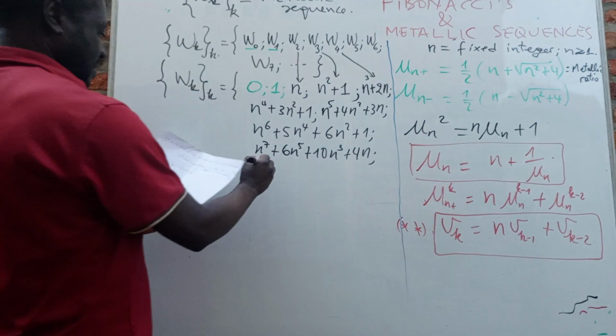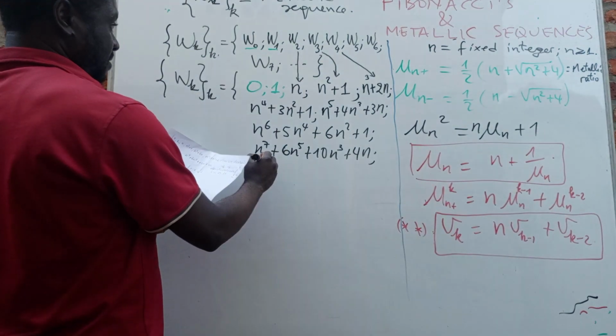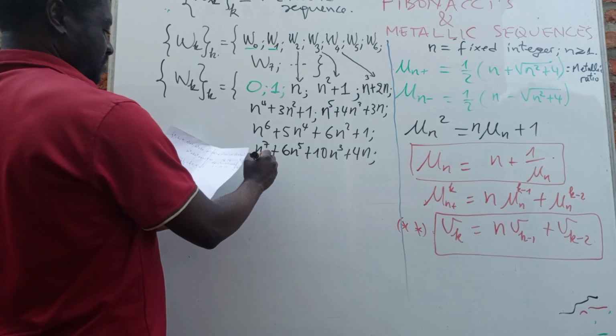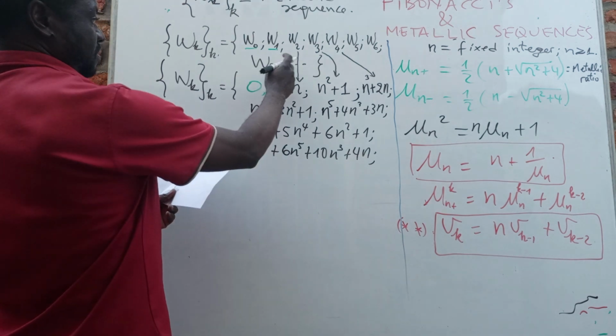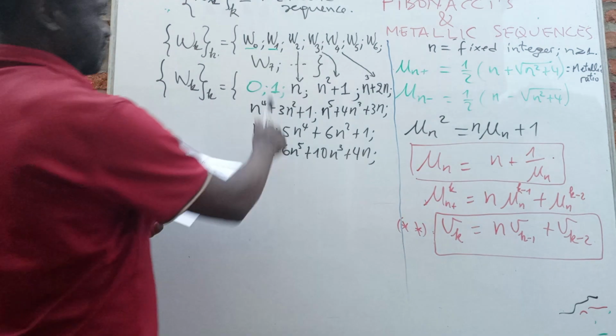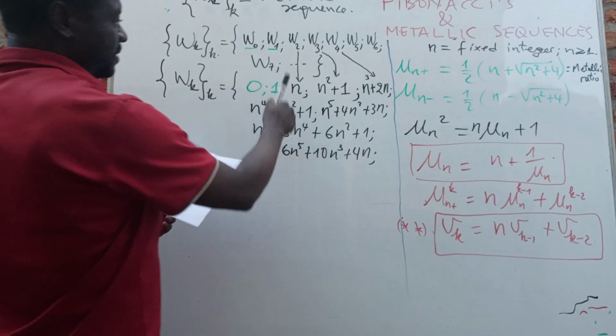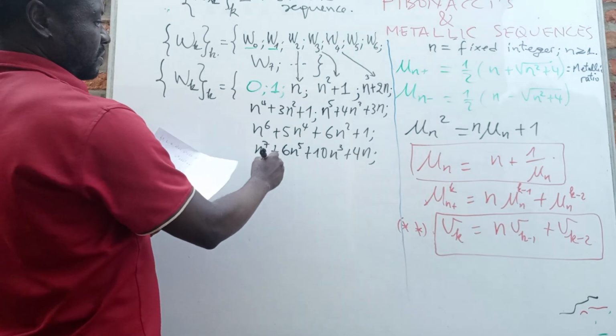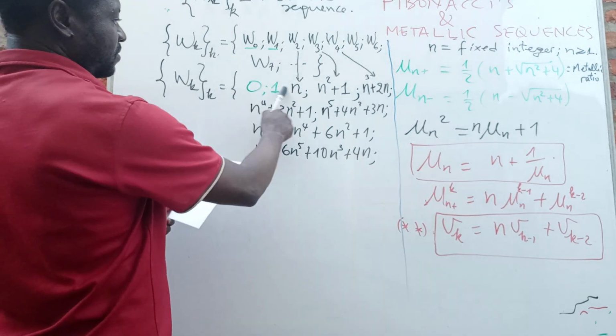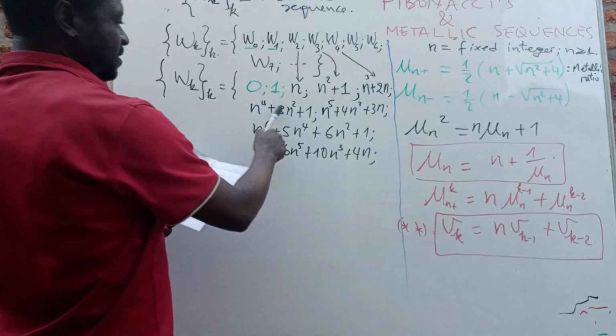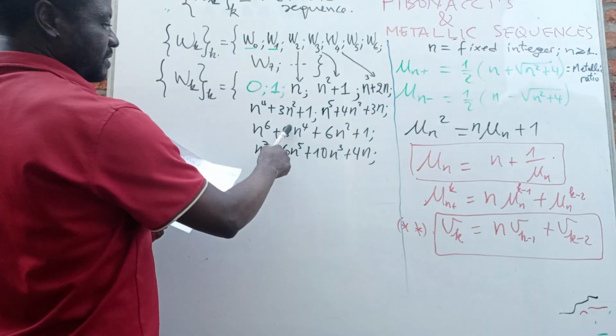And the next term will be maybe w8. This is the eighth term. Ninth term is w8. So it's going to be equal 1, 2, 3, 4, 5, 6, 7, 8, 9.